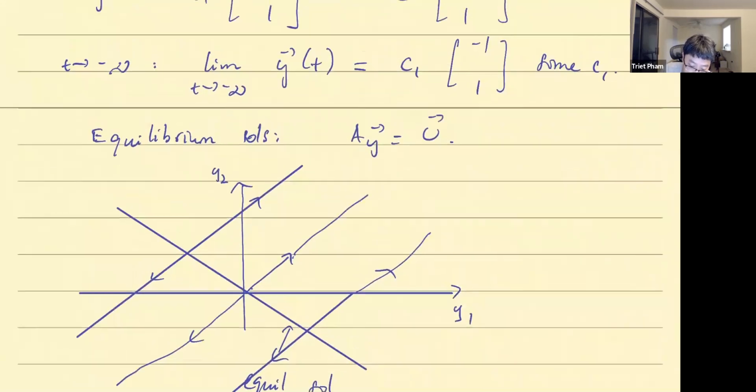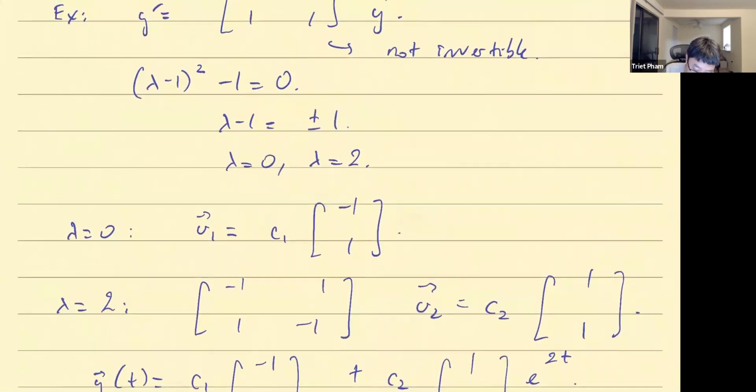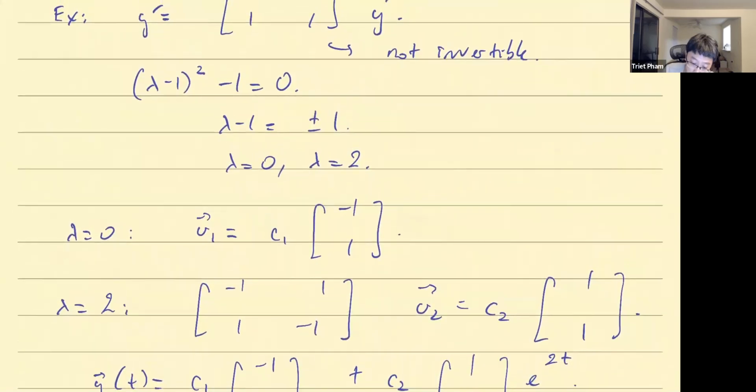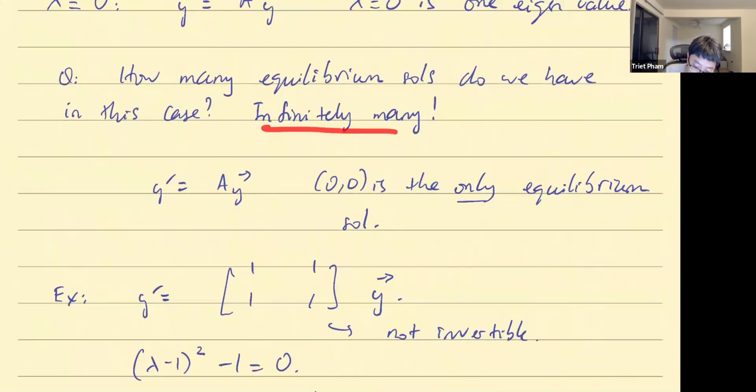And I want to emphasize again that for lambda equal to 0, the key thing you want to remember is that you have infinitely many equilibrium solutions. And in a 2x2, a consequence of that is that we don't have the curve solution. We have straight line solutions.